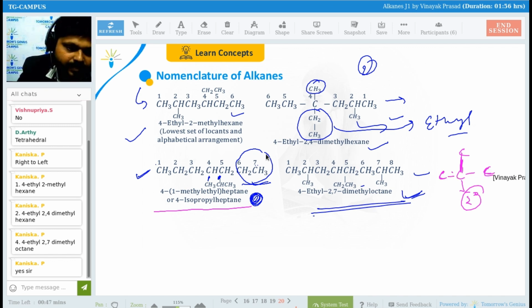What do you say? This is not 2 degree, this is 3 degree carbon, right? Because this carbon is attached by three carbons, so this is 3 degree carbon. So there can be some different name, right? We will check with this, then I will let you know.